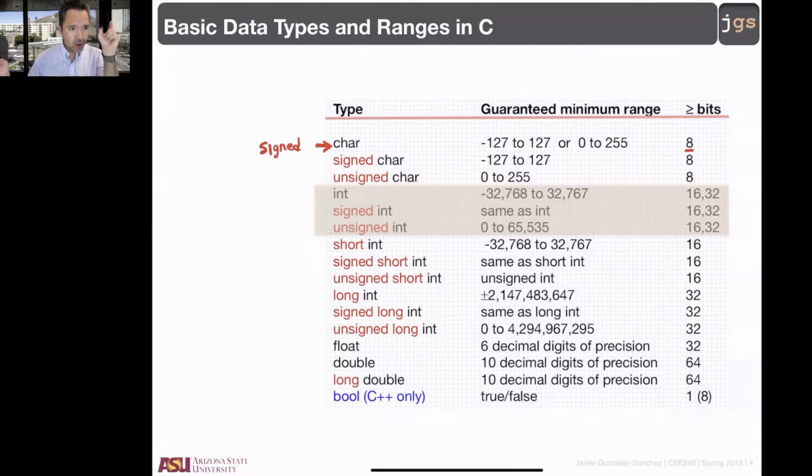But if you are going to use one of the bits for the sign, then you only have 127 positive and 127 negative, instead of 255 positive.